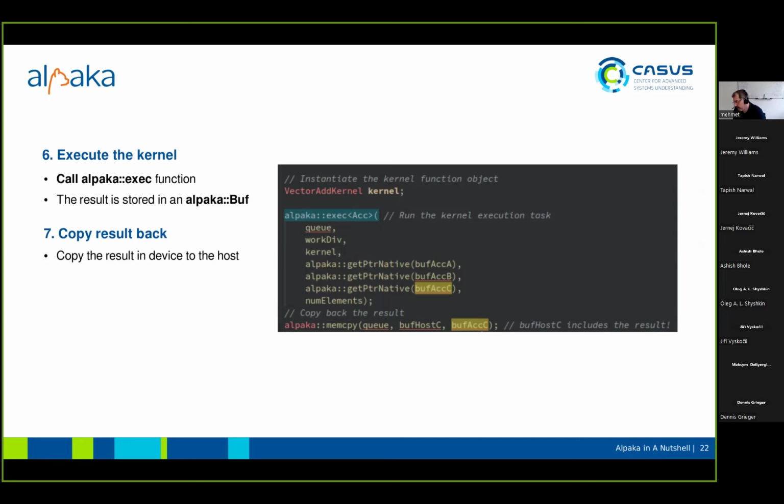As you see, only C++ standard kernel calling mechanisms are used compared to, for example, CUDA. This is pure C++ function call. Since everything in the queue is sequential without being blocked, and we use the same queue for two operations, the exec and the memcopy, we are sure that there is no problem of synchronization.